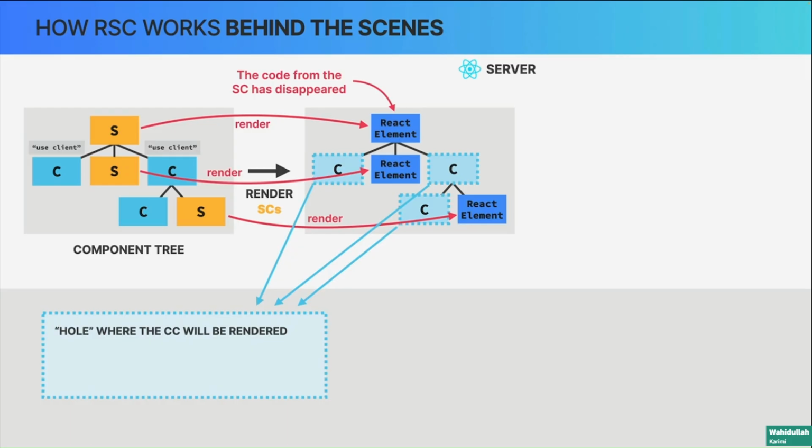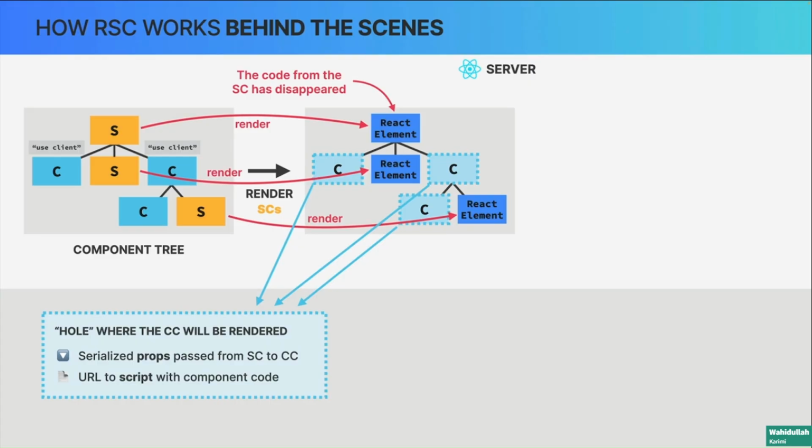And each of these placeholders or holes contains the serialized props that might have been passed from a server component to the current client component, plus the URL to the script that contains the actual component code. And this reference to the code is necessary so that the client component can later be executed on the client. So it can be rendered on the client.